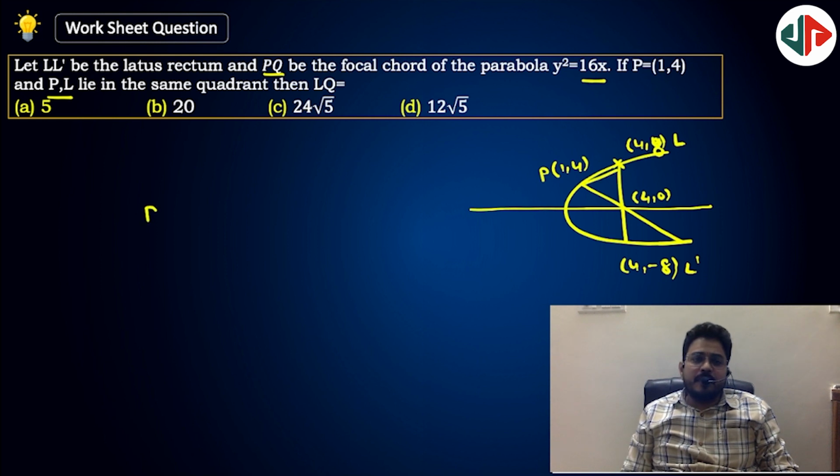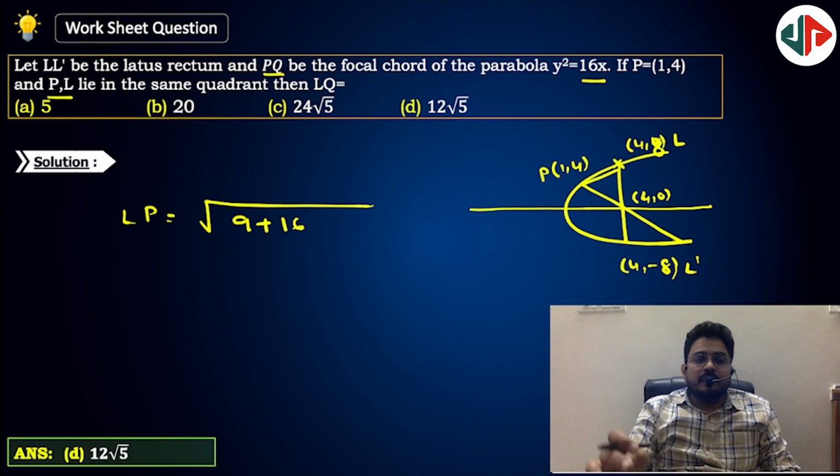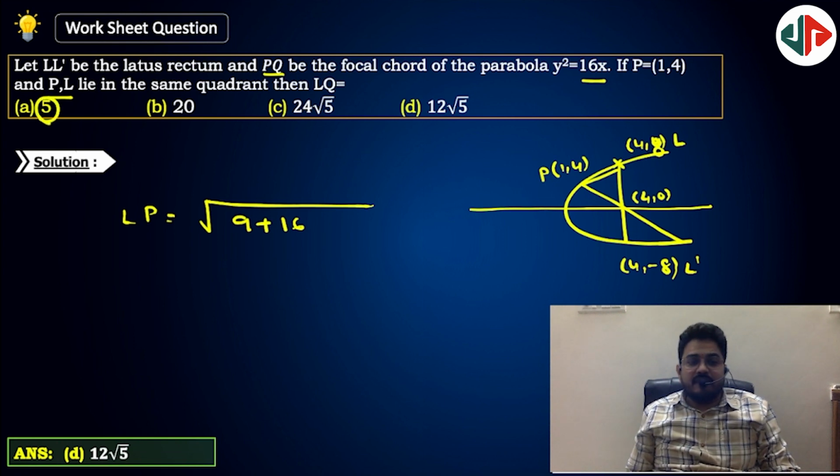So LP is equal to under root of 4 minus 1, 3 whole square, 9, plus 8 minus 4 whole square, 16. So if they are on the same side, the answer should be equal to 5.